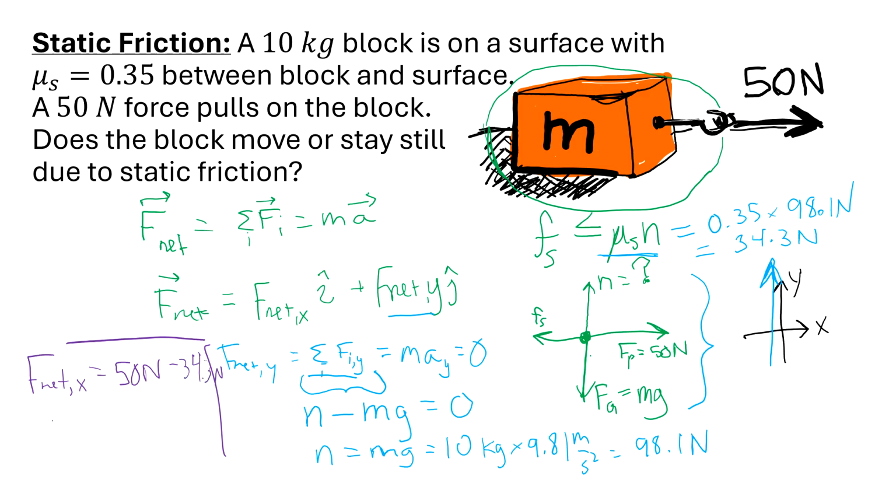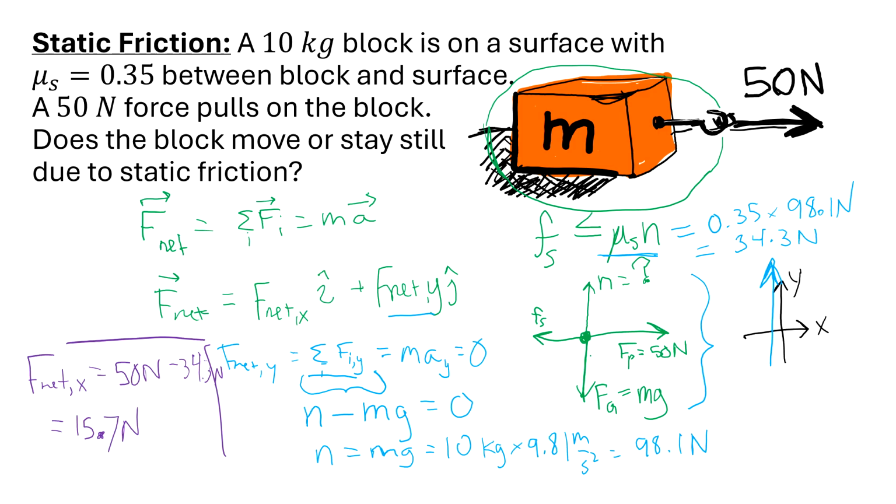We should find that there is a net rightwards force of 15.7 newtons positive, which means it's to the right. And so, yeah, the pulling force wins, and so the block will move.